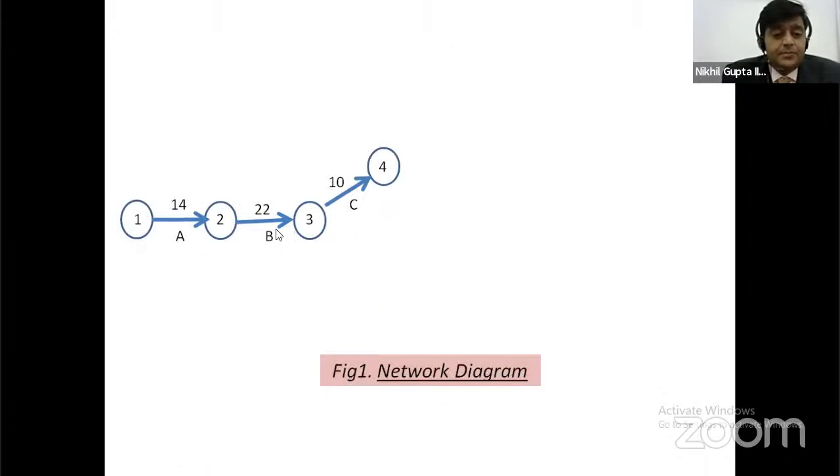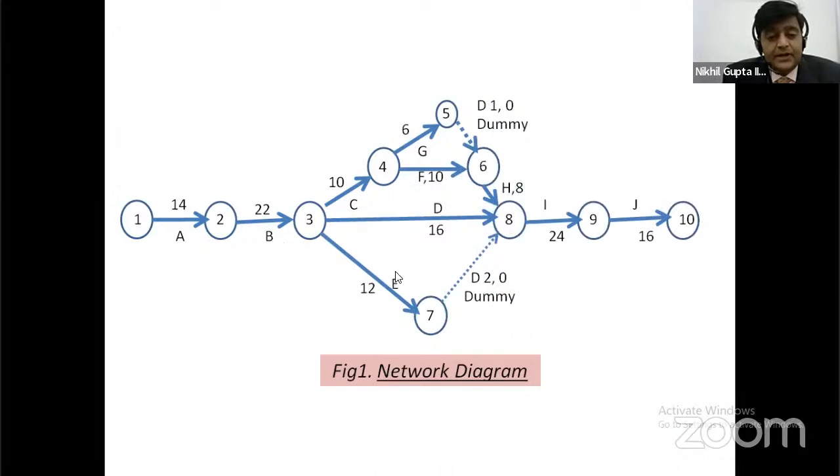B is the predecessor of C, B is also the predecessor of D, and B is also the predecessor of E. So activities C, D, and E are all concurrent to each other, but the predecessor of all of them is B, and the successors are C, D, and E.